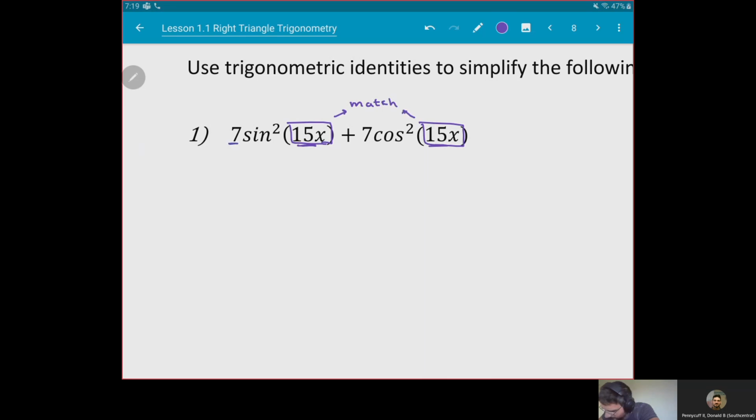Okay. I'm going to pull out the 7. So this gives me 7 times sine squared 15x plus cosine squared 15x. Okay.